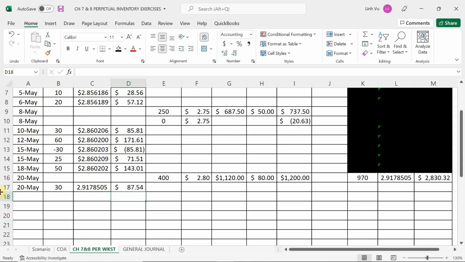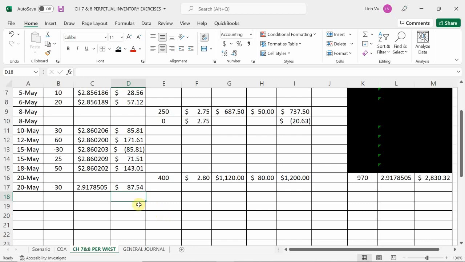If we look in the past, those 30 units I sold on May 10 cost me $2.86 each, which gave me $85.81. Because my purchase caused my average cost per item to increase, it's now $87.54. So it's getting more expensive and it's going to cost you more.